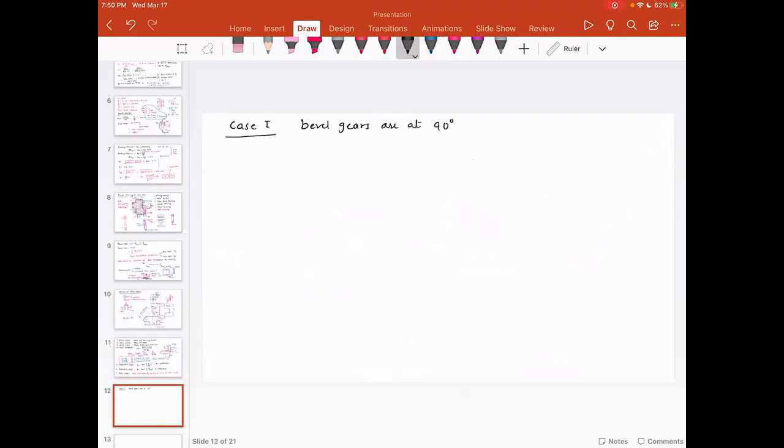In that case, you can use the relationship theta p is equal to tan inverse of 1 divided by velocity ratio r, and theta g is equal to tan inverse of velocity ratio. The other relationship that we know, theta p plus theta g is equal to 90 degrees, which means once you find theta p or theta g, you should be able to get the answer.